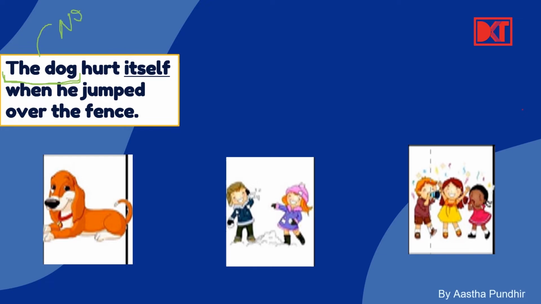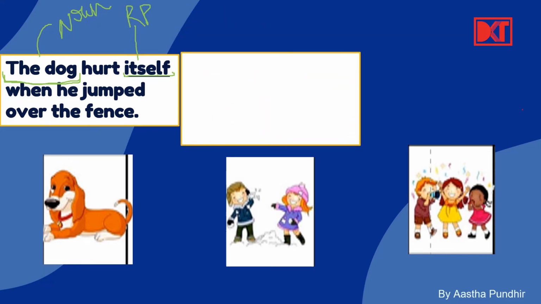Okay? But what is the action being done? Hurt itself. तो object क्या है जिस पे action किया गया है? That is itself. Dog ने अपने आप को ही hurt कर लिया. So itself is the reflexive pronoun. When the subject and the object are same, then the pronoun used is the reflexive pronoun.